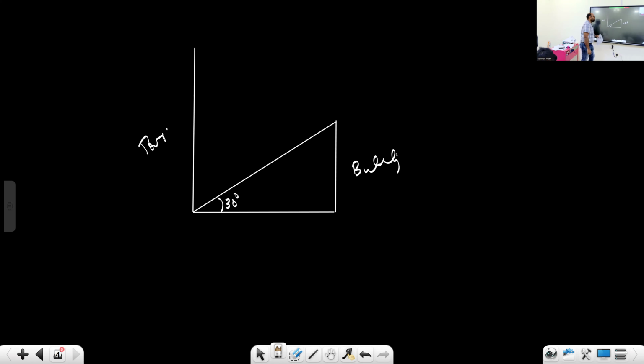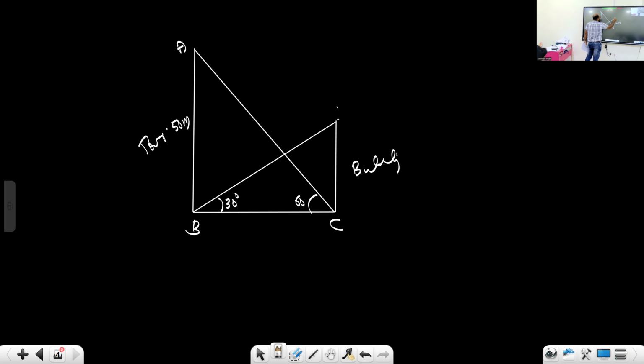Now this one is given how much degree? 60 degree. See, bigger angle going towards the tower, so the tower will be bigger. Tower height is given 50 meter. They are asking the height of the building. So A, B, C, D.